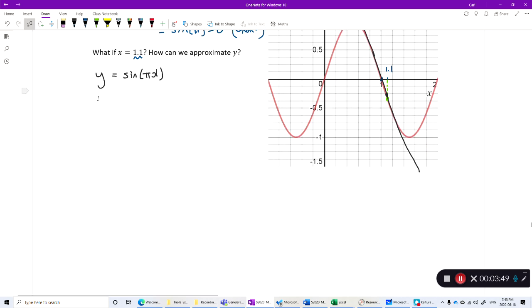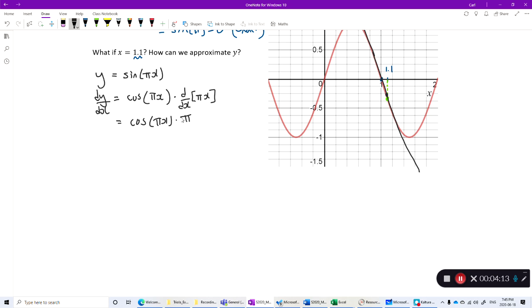So what's the first step? What's the derivative of y with respect to x? Derivative of sine is cosine, and we're using the chain rule here, so the inside stays inside, and then we multiply by the derivative of the inside, which gives us cosine of pi x times pi. Now what is the slope of the tangent at that point, x equals 1, because that's where it's touching?